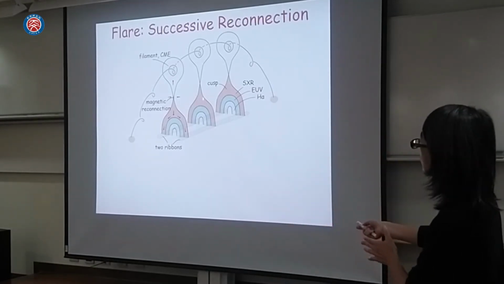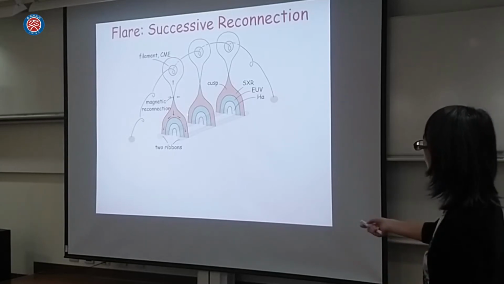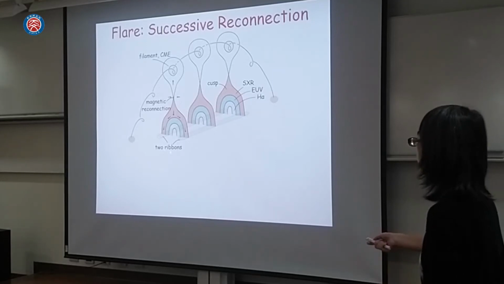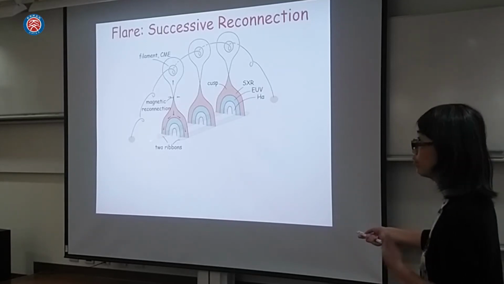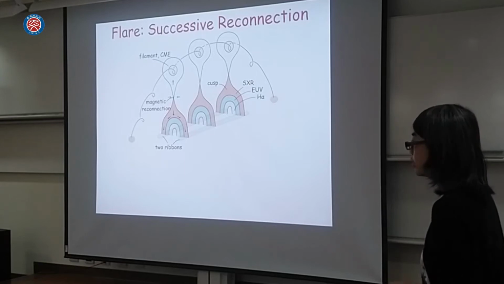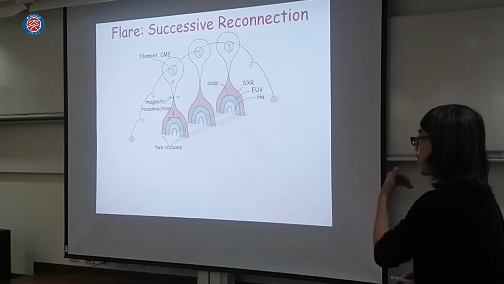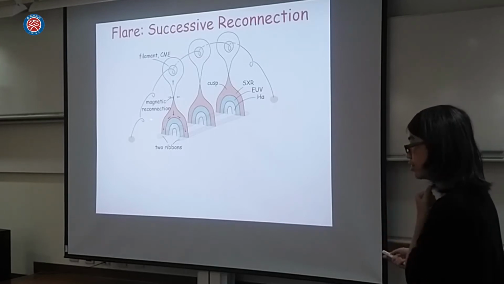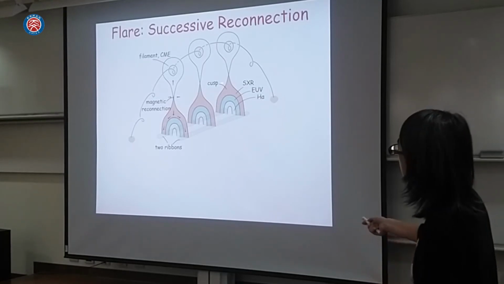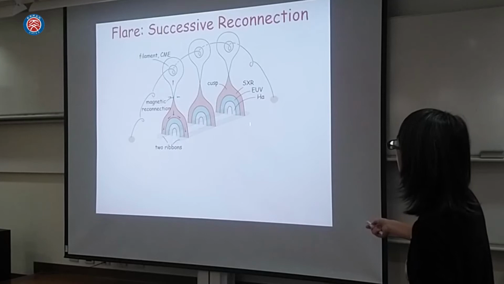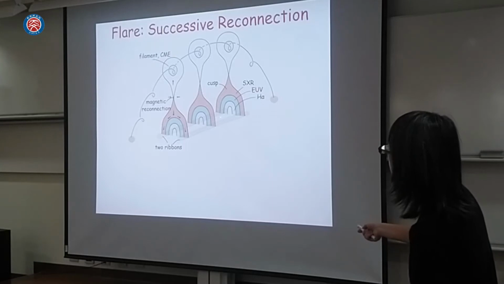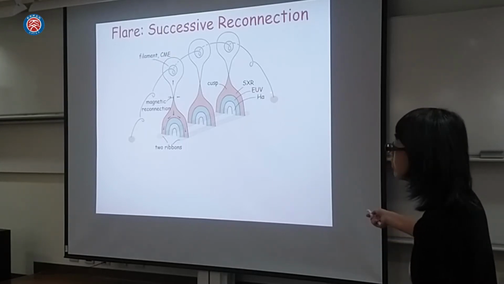Here is a snapshot. We just talked about the reconnection occurring here, and the accelerated particles going downward to form the thermal flare loop like this one. This thermal flare loop forms just after the reconnection occurs, and in soft X-ray it has a cusp shape. When this hot plasma cools down, you can see another loop structure in the EUV.